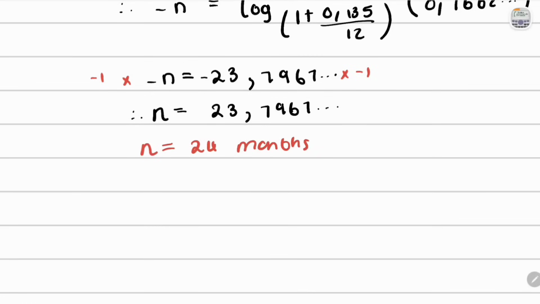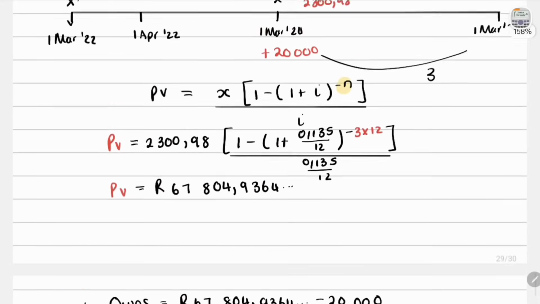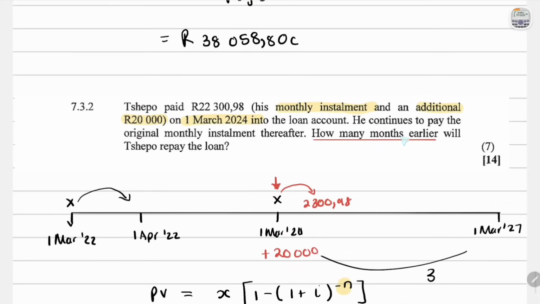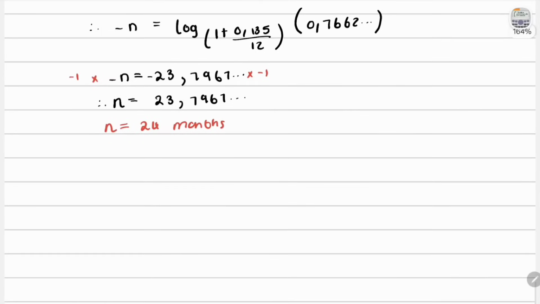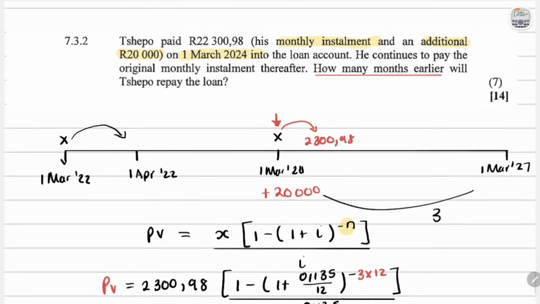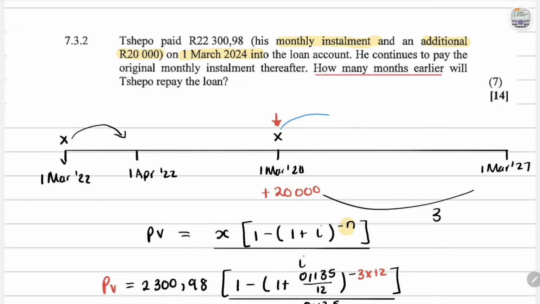Okay, now let's focus on the question. The question is, how many months earlier will Tsepo repay the loan? If you know that it's going to take him 24 months from the 1st of March 2024, then if you count exactly 24 months, that is 2 years. So this will be 1st of March 2025, 1st of March 2026.